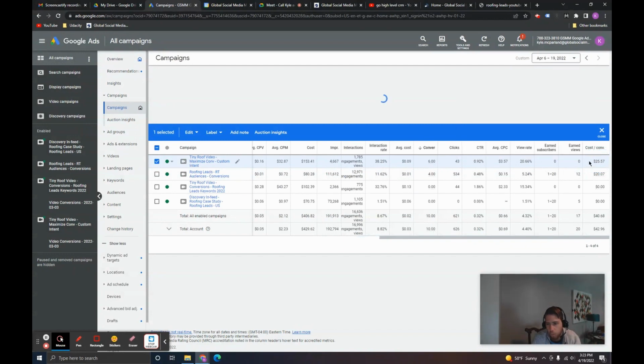Knowing what costs for conversions are good and what are bad comes with the industry that you're in. So $25 for a marketing qualified lead that could potentially become a client of ours is a pretty good cost per conversion. But this doesn't tell us how many of these 6 people are booking calls, or becoming sales and clients of ours.